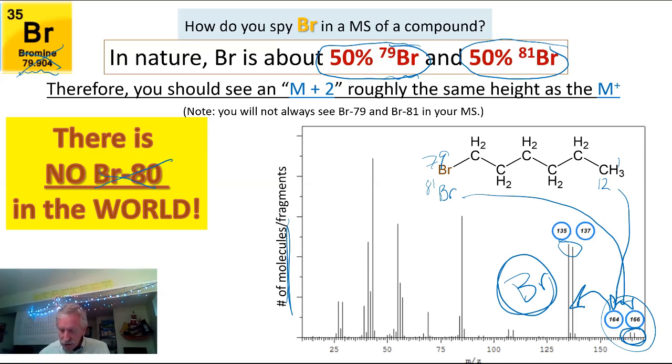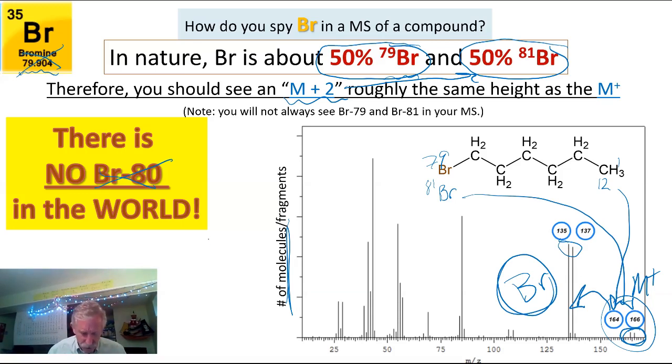So the one little curious thing, if you want, and again, I've already got the molecular weight here. This is the M plus, as you can see, and then we call M plus 2 when we play around with Br81. Just a definition, don't worry about it. If we want to see fragments that might work, I look at what had to fall off to get to 135 and 137.